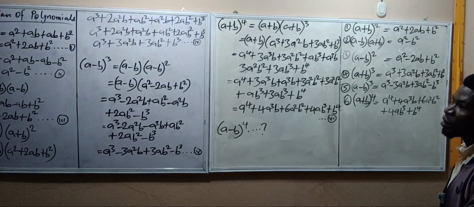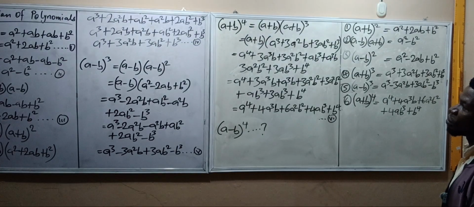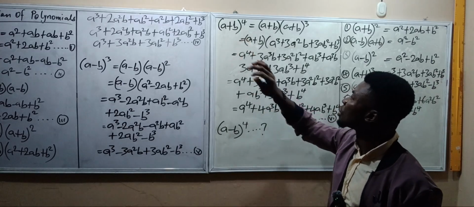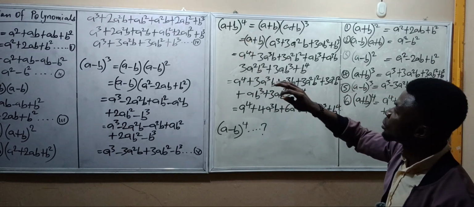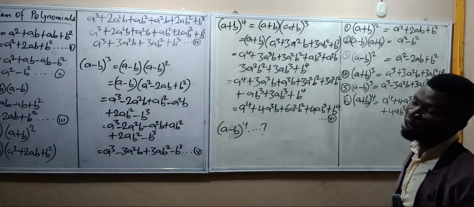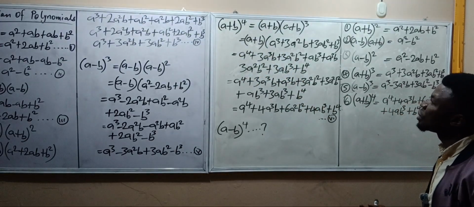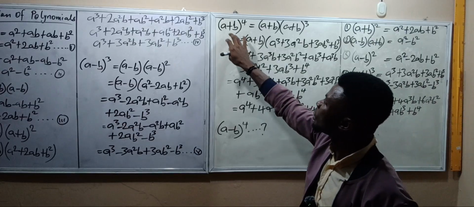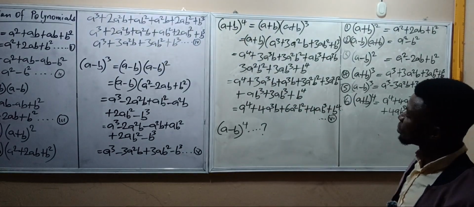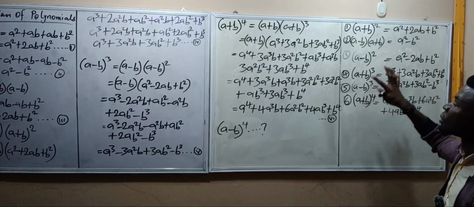Of course, if you have to expand, it will take time. Imagine you are in the midst of solving something else and you meet something like this, and you want to expand it so that it will be easier. But if you already know what you get when you expand this, it will be easier. You just pick that immediately. So I purposely decided to establish this.